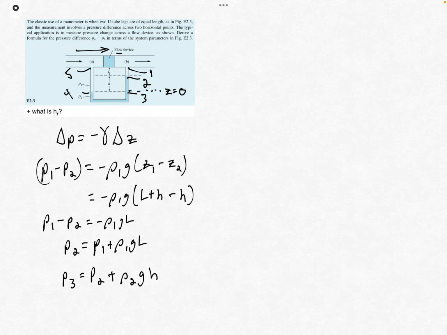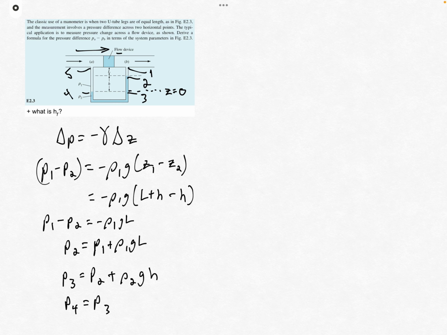So we know P2 in terms of P1, P3 in terms of P2. And we know that P4 is equal to P3 because point 4 and point 3 are at the same height within this connected fluid, fluid 2, the fluid with density rho 2. And then now we're going to move up to position 5.